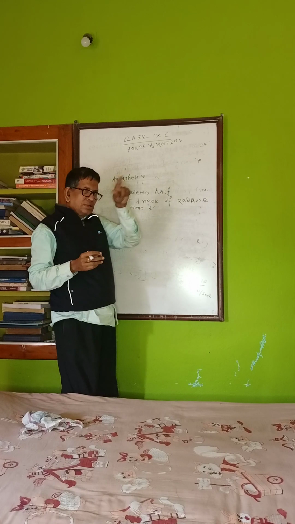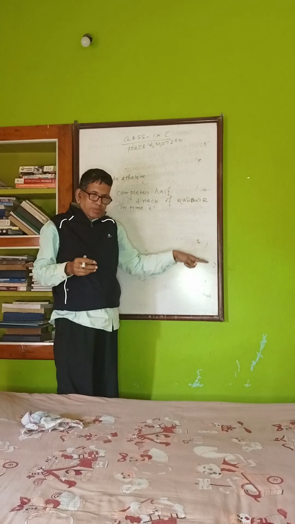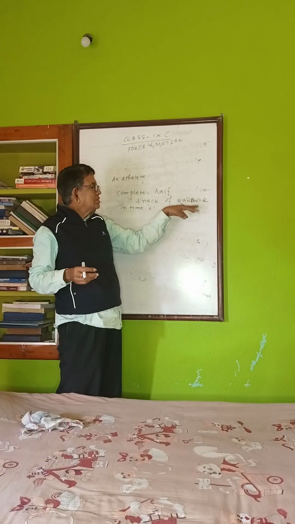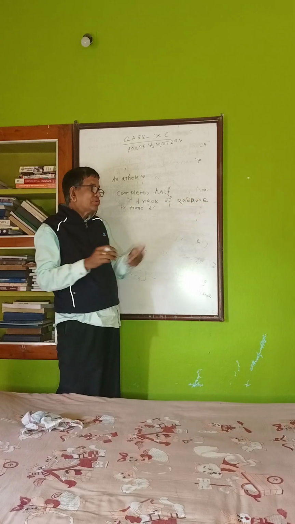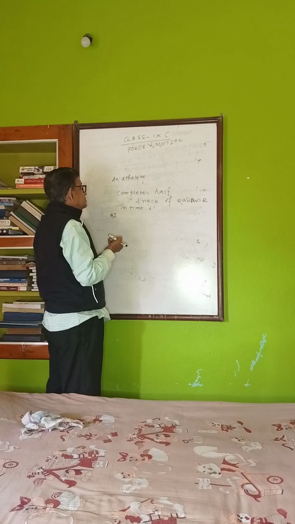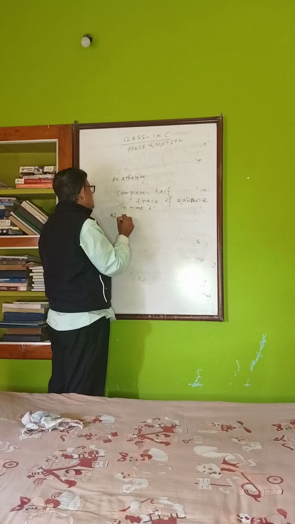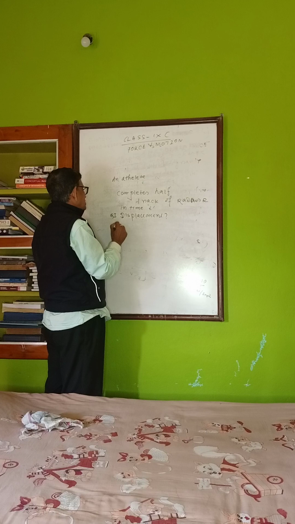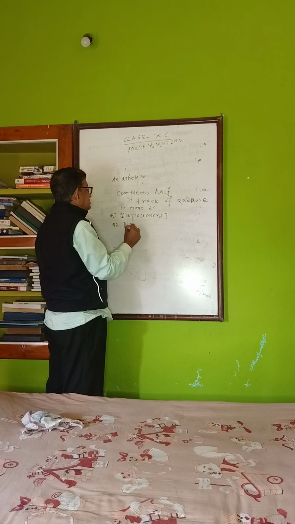What is given? The athlete is running half of the track, covering it in time t. Track radius r. The question is: what is the displacement? Question 2 is the distance.